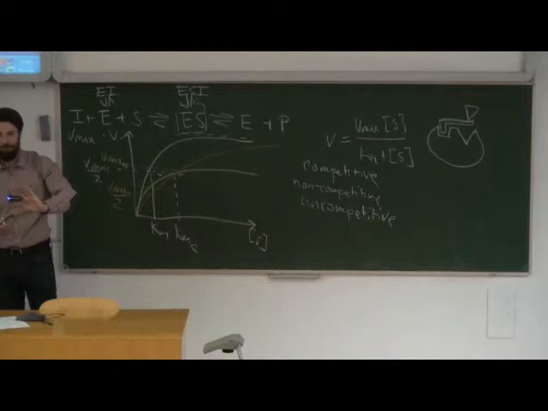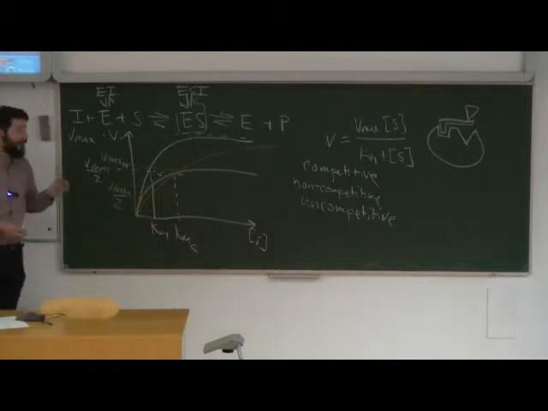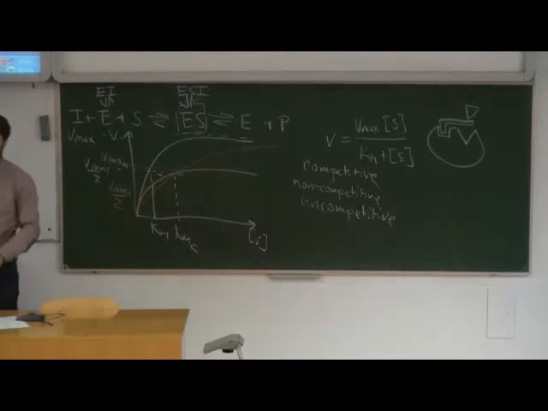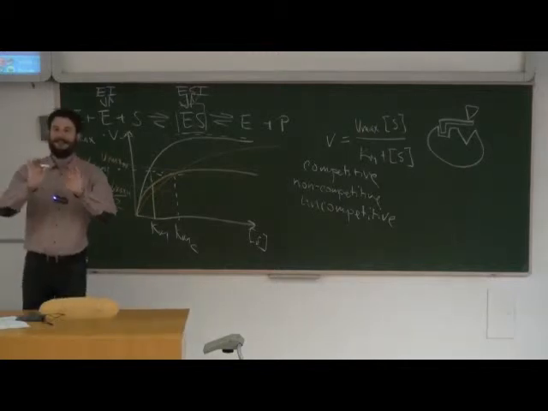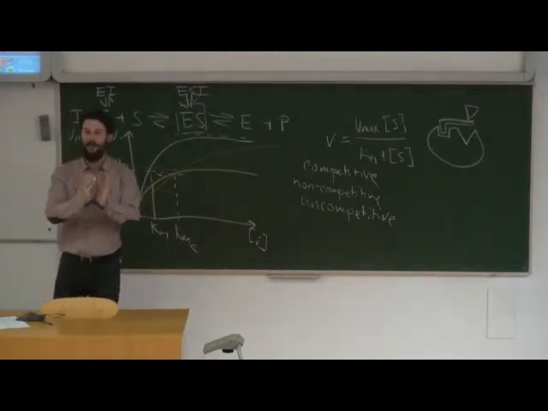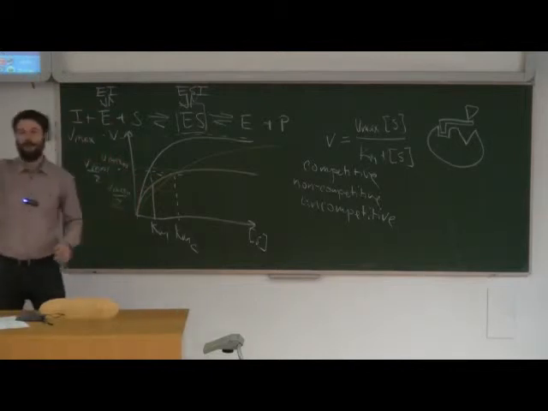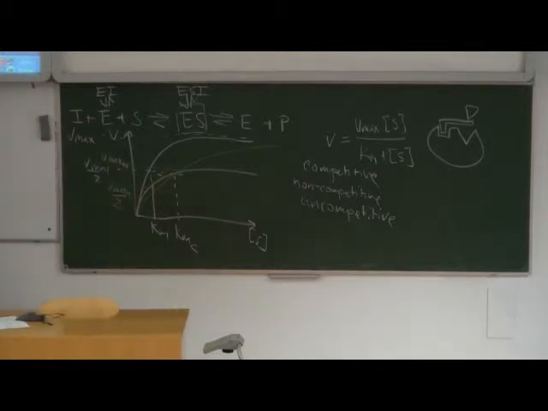Does it make sense? Raise your hand if it makes sense. Okay, very good. Now, yeah? Vmax is the rate which is reached at the end of our experiment, after adding infinite amount of substrate.